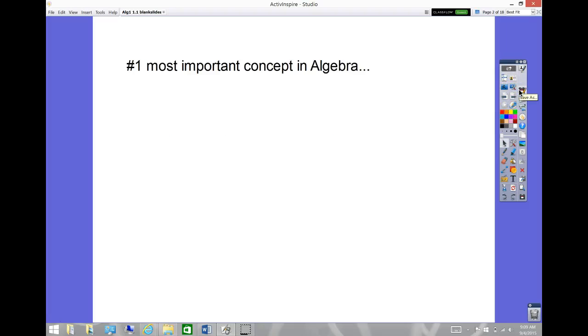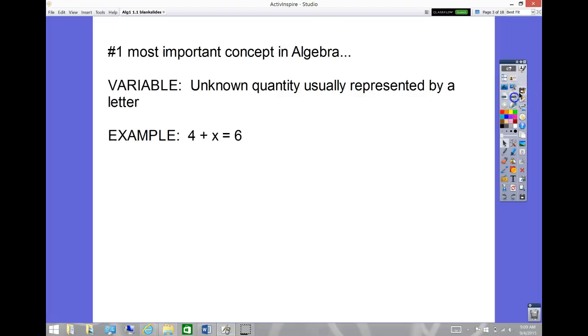The number one most important concept in algebra, what makes it algebra and not arithmetic, is what? Variables. A variable is an unknown quantity that's usually represented by a letter.